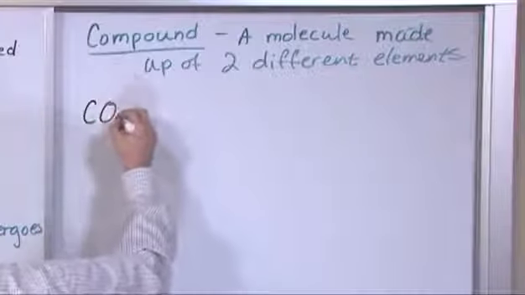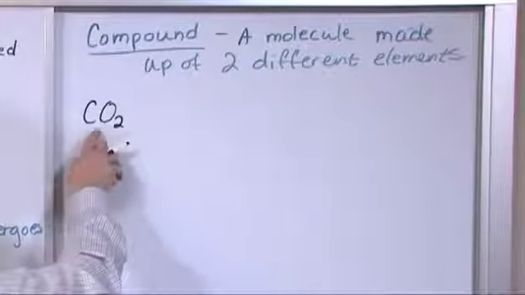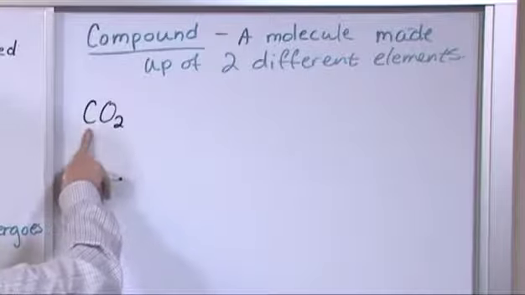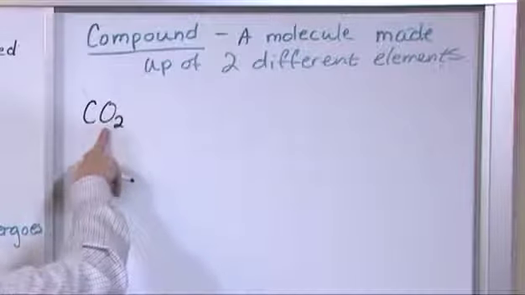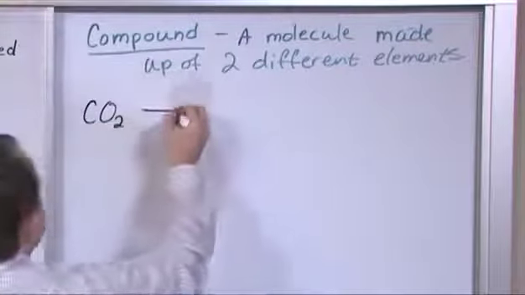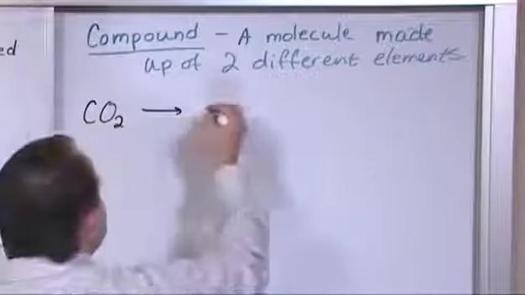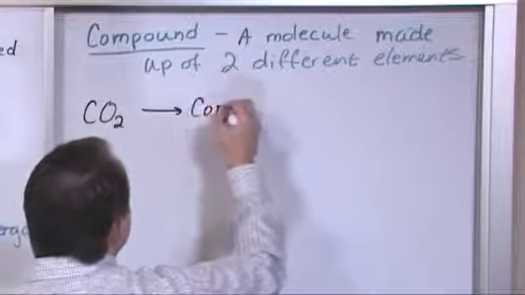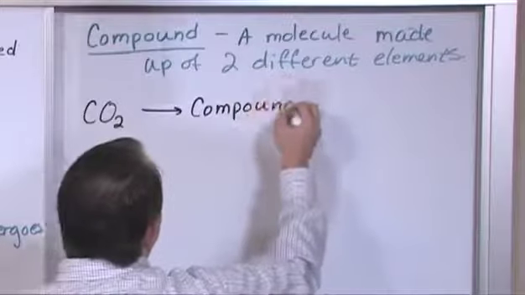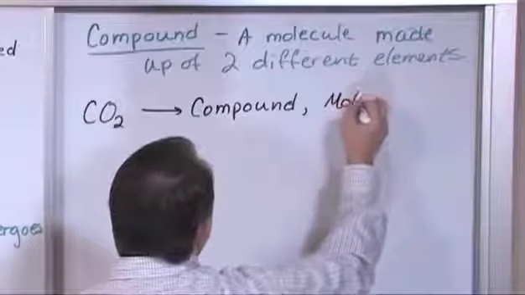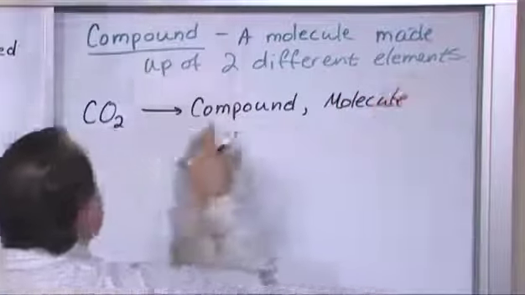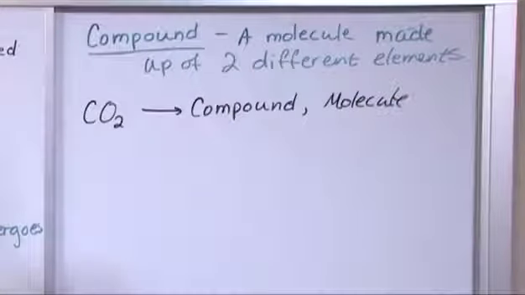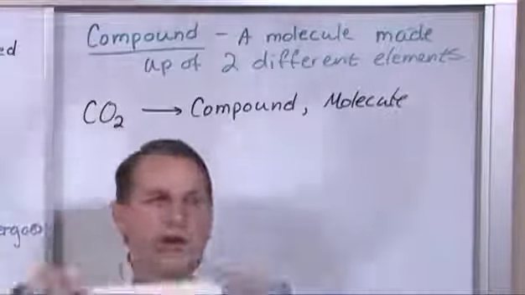CO2. Carbon dioxide. Two different elements make this guy up. The element carbon and the element oxygen, right? So because two different guys make this up, it is a compound, and of course it's a molecule. In other words, everything I list here is going to be molecules, because a molecule is the general term.